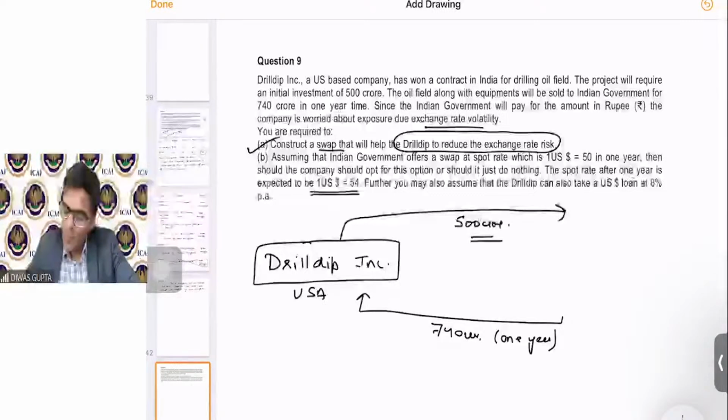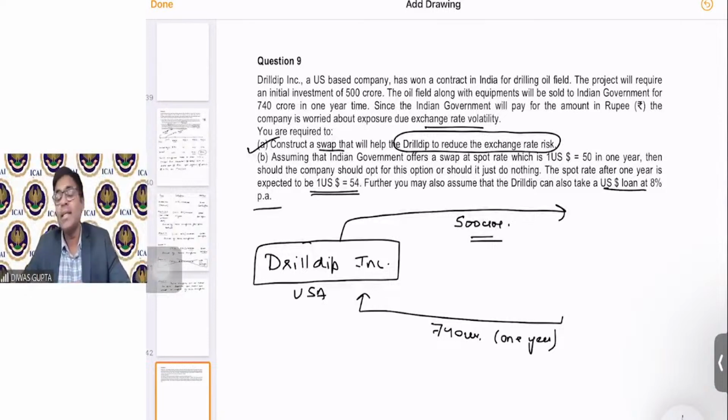Further, you may assume that Drill Dip can also take a US dollar loan at 8% per annum. So what they are saying is that the cost of borrowing to this US company, which is Drill Dip, is 8% per annum. Okay. And today the exchange rate is $1 is to 50.